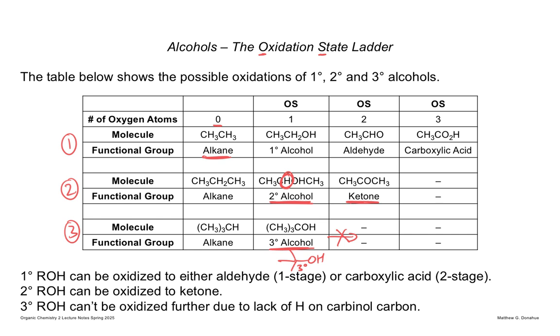So that's summarized. Primary can go to aldehyde. The difference there is 1, so 2 minus 1, that's a one-stage oxidation. Or depending upon the reagent you use, to the acid, so 3 minus 1, that's a two-stage oxidation. Secondary alcohol can only go to the ketone, and tertiary you can't do anything with.